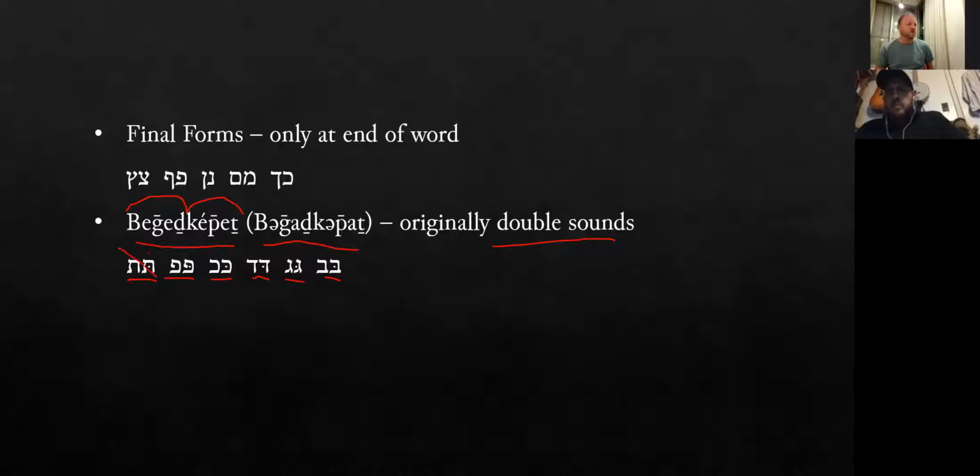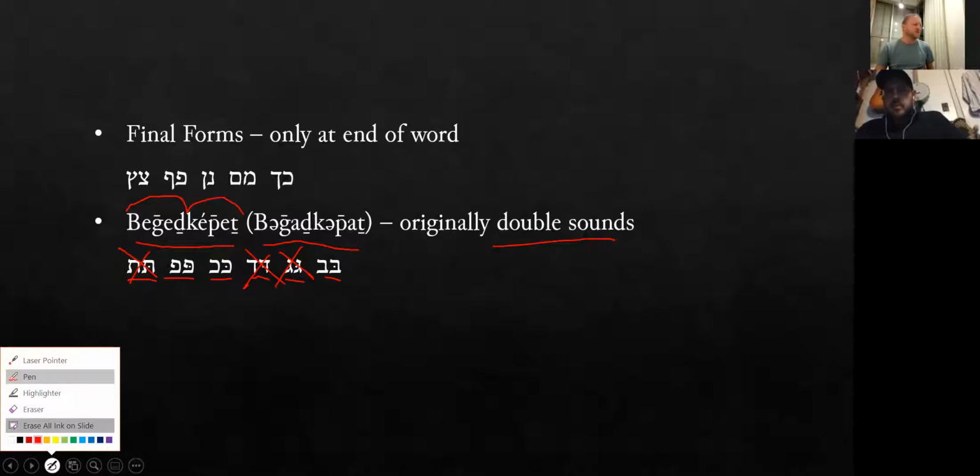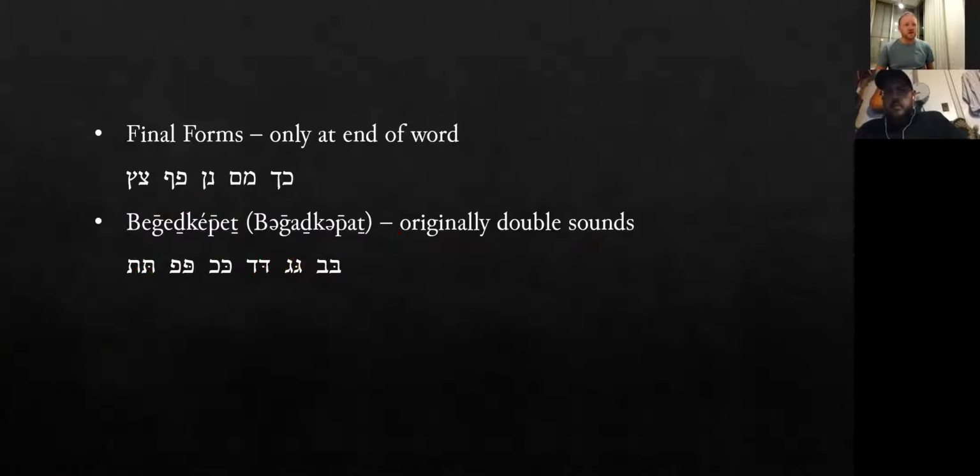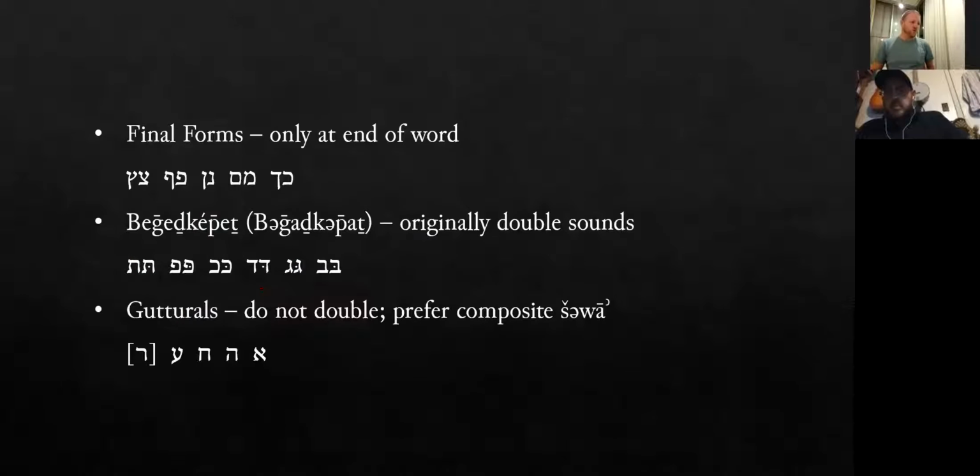Now these ones are not doubled, but they're still written that way. These ones are not doubled, and these ones are not doubled. Just bet, kaf, and pe. We should change the name of the thing, but we don't. Basically because these are the ones that receive the dagesh kal, which we already know. The weak dagesh doesn't double it, but it just makes it hard.